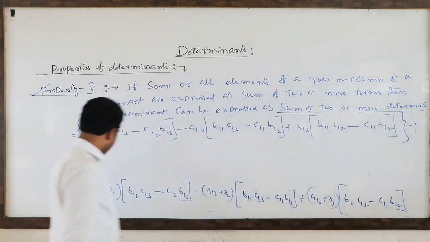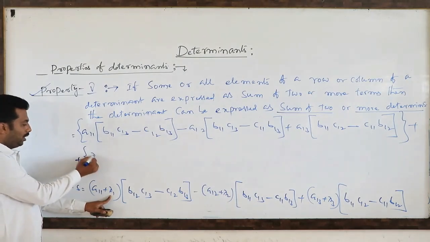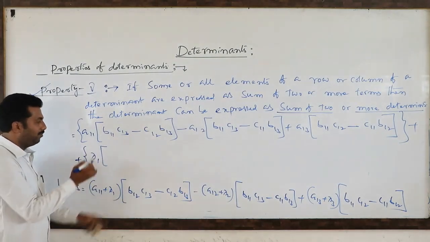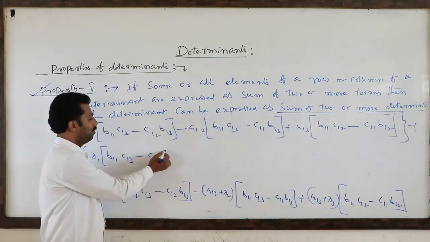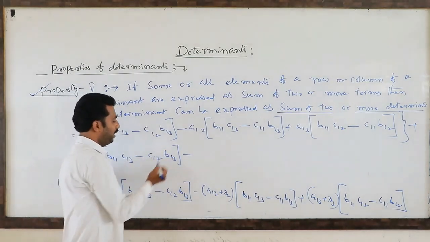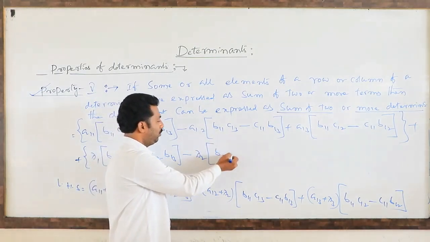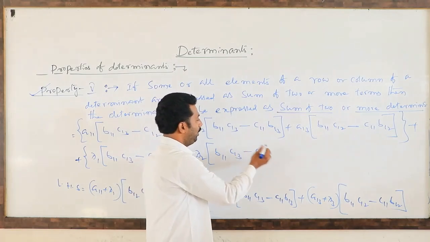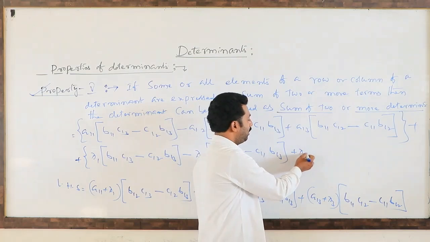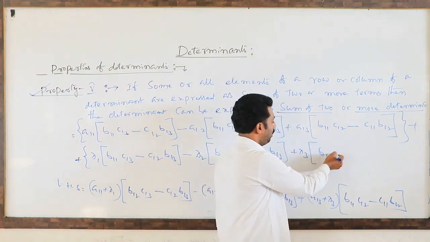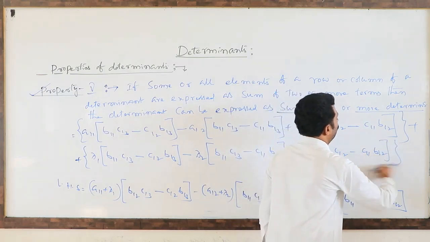Plus, now I am taking the second terms. What are the second terms you observe? Lambda 1 into, again same terms, B11, C13, C12, B13, minus lambda 2 into B11, C13, C11, B13, plus lambda 3 into B11, C12, C11, B12.